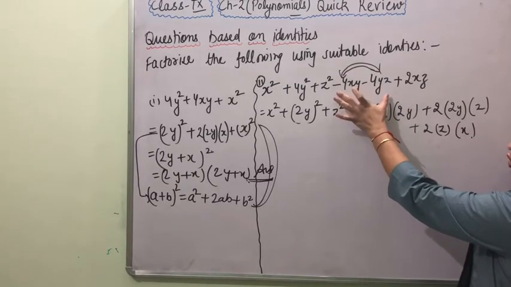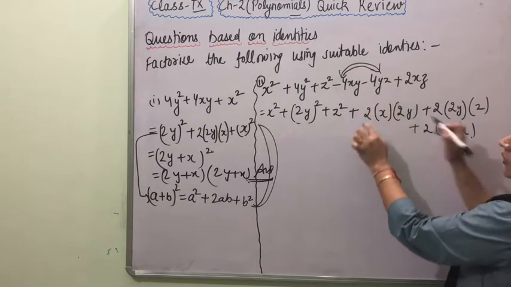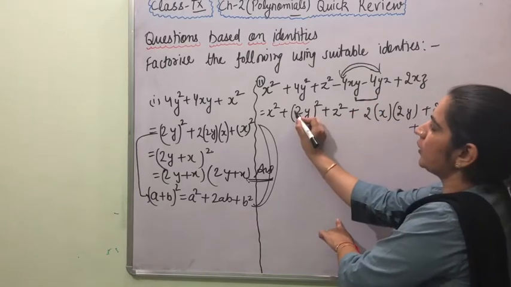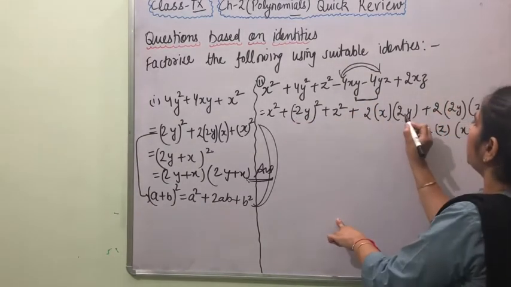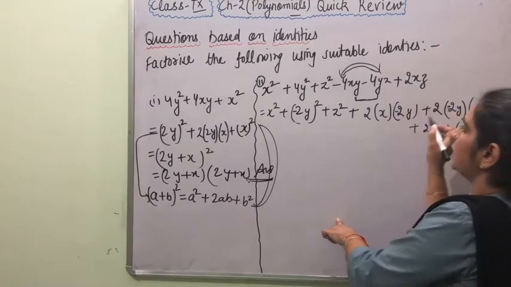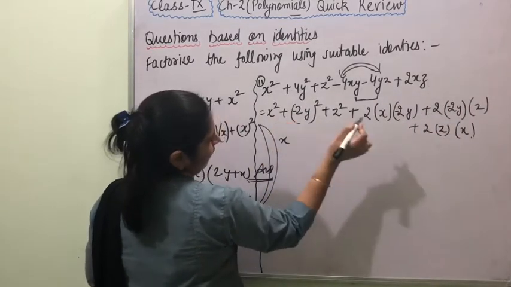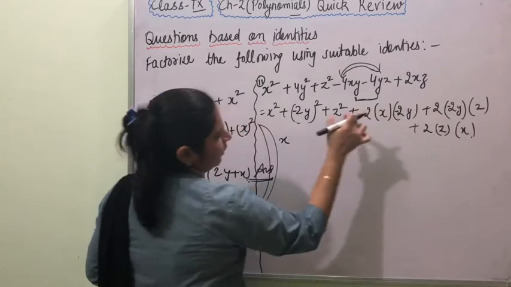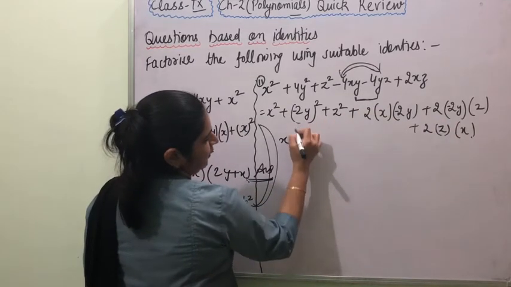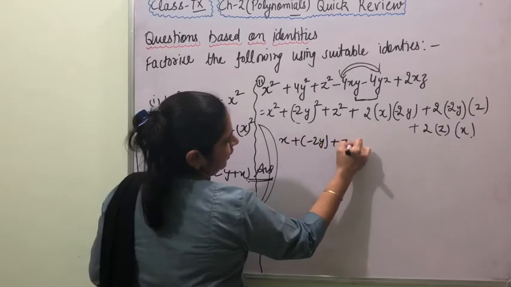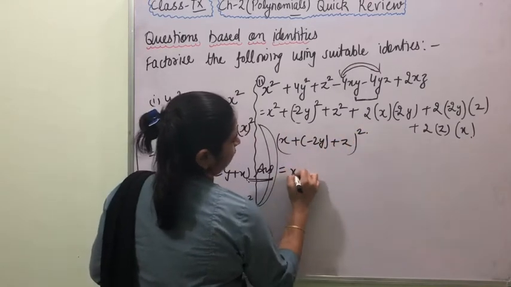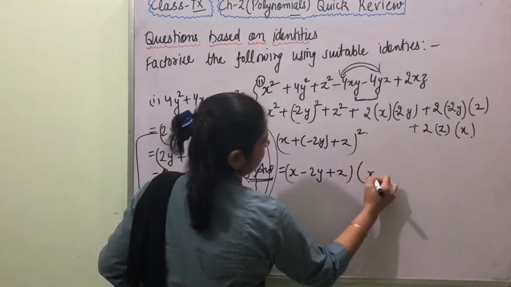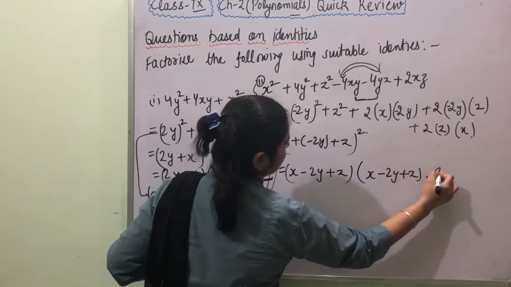If we find the common variable from these two terms, the common variable is y, so we apply the negative sign with the common variable. It is equal to x square plus a square plus b square plus c square, 2ab, 2bc and 2ca, which is equal to (a + b + c) whole square, which is equal to (x minus 2y plus z), because whole square means the term is occurring here twice.